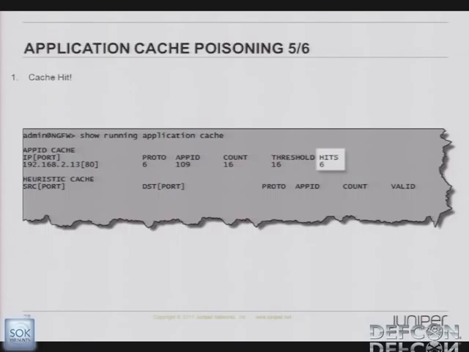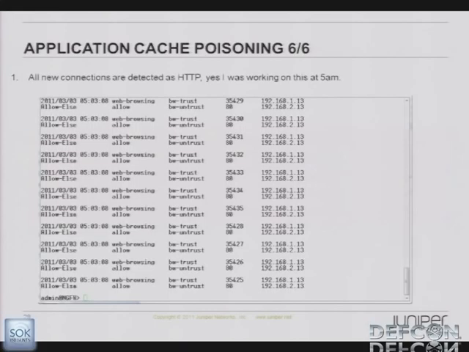The count is the threshold of how many they need to see before they actually put an entry in the app cache. The hits is how many we're getting now, which is saying, yes, this is a cache hit, it matches, but in reality we're sending SMTP, not HTTP. And that's exactly what the logs say, that this is all web browsing, when in fact it's not.